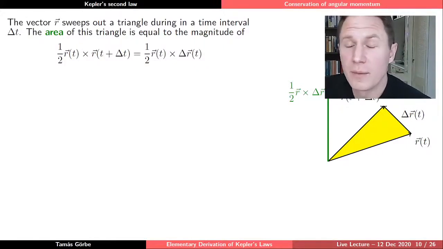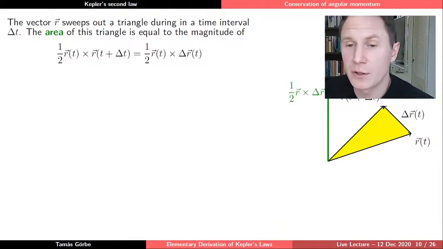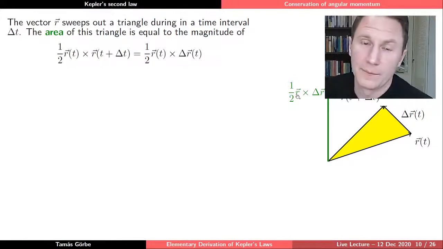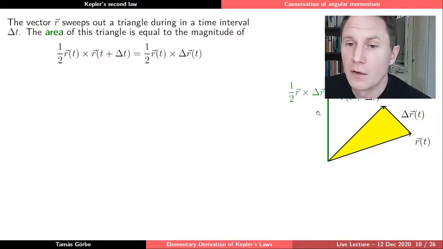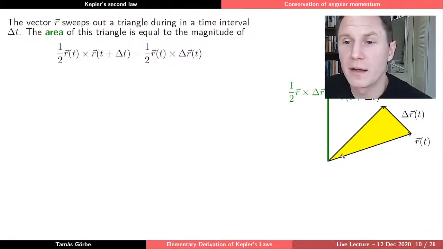If you remember, the vector product is a vector that you get from two given vectors, so that this new vector is going to be perpendicular to the previous two, and its length is the area of the parallelogram spanned by the two vectors that you start from.